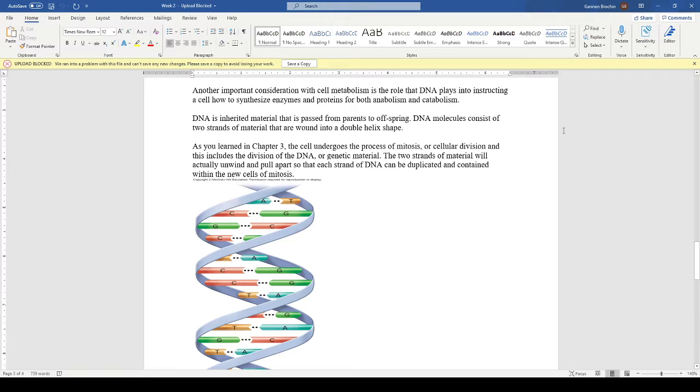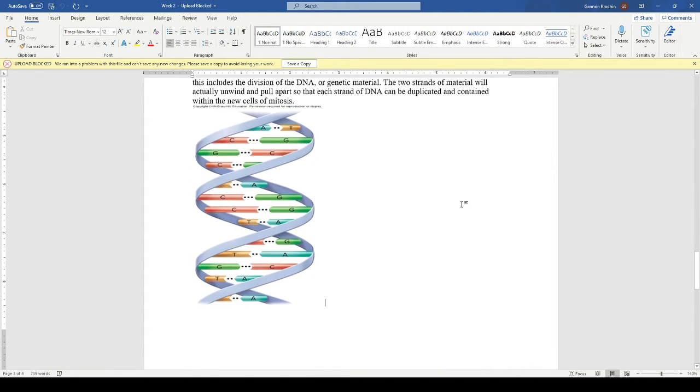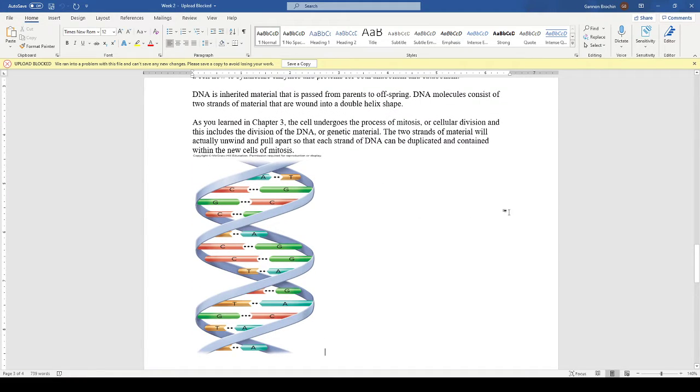Next, we have to consider DNA itself. So DNA is inherited from the parents. I believe we'll discuss it more in depth later, but essentially, as I mentioned, DNA is made up of nucleic acids in a double helix because there are two strands.